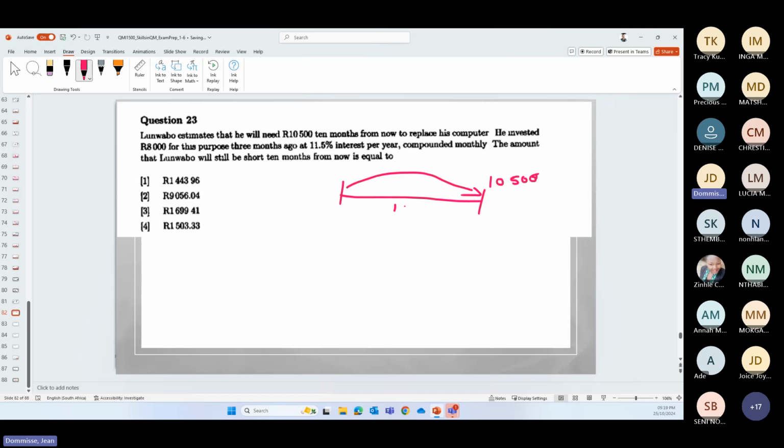That is 10 months from now. He invested 8,500 for this purpose 3 months ago.